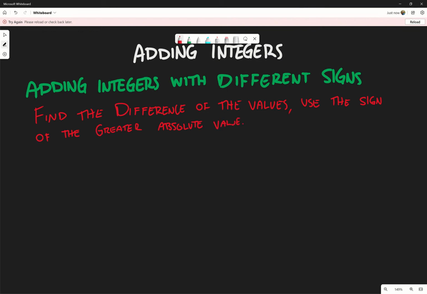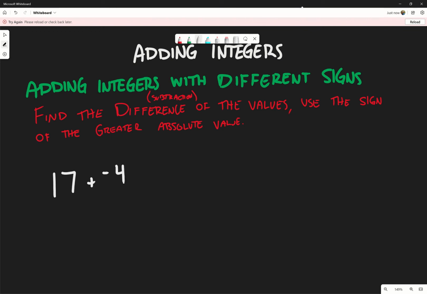Okay, so we want to find the difference of the values. Difference means subtraction. So we want to subtract the numbers and then use the sign of the number that has greater absolute value. So if I have 17 plus -4.